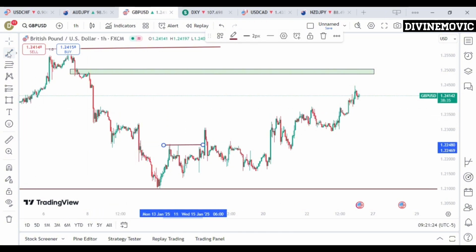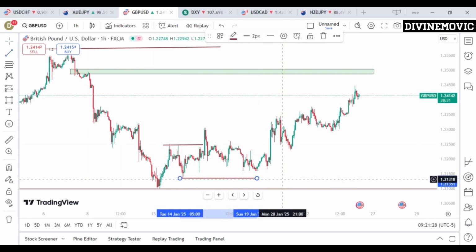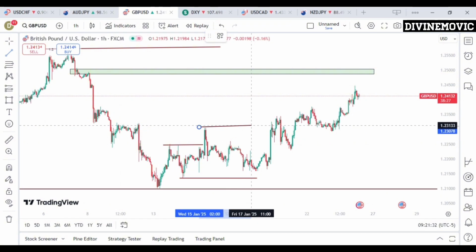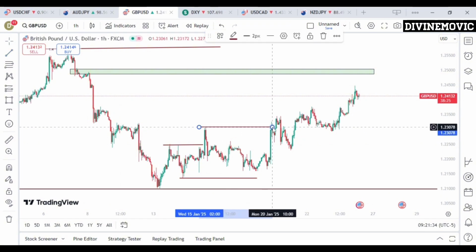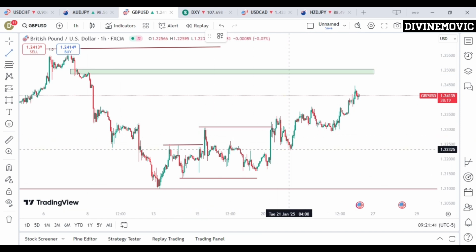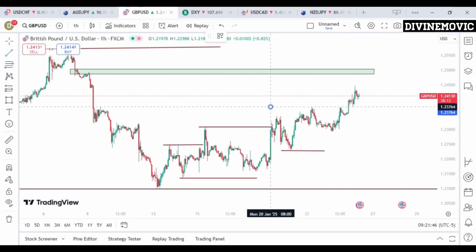And this swing high gave us this low. That swing low gave us this high. This high, this low gave us this high.